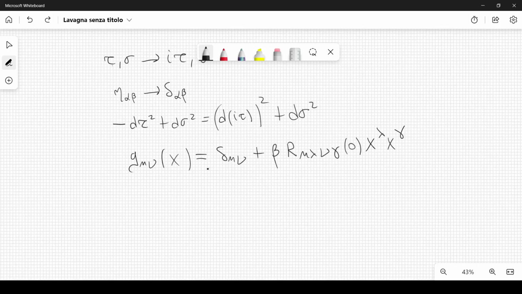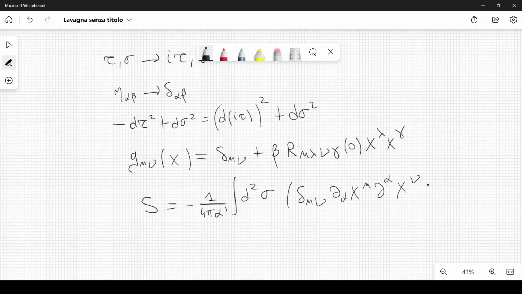Now, the action becomes S equal to minus 1 over 4 pi alpha prime integral d squared sigma. So I'm simply replacing g mu nu with this expression here. So we have delta mu nu ∂_α x^μ ∂_α x^ν plus beta.